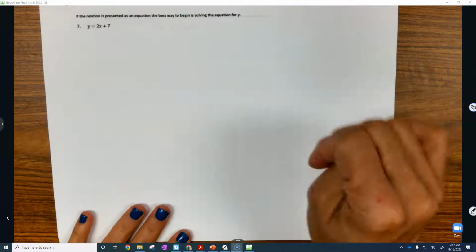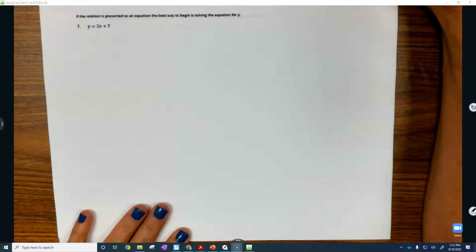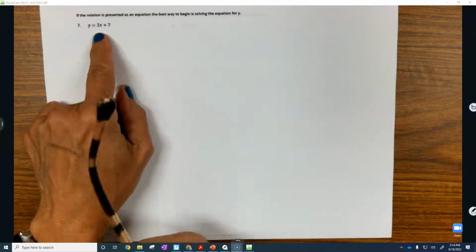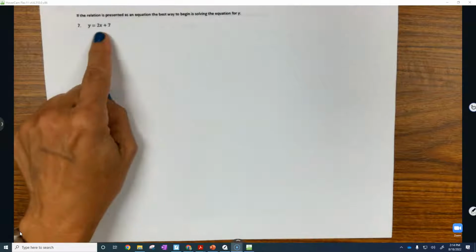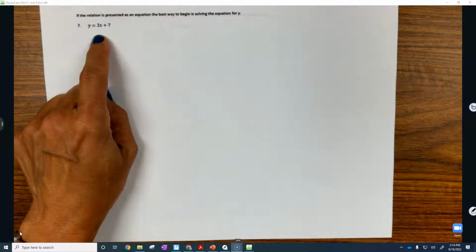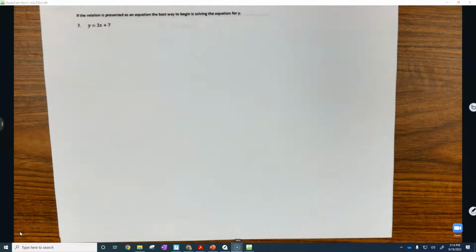Okay, so let's go ahead and pause this. Guys, if I put this into a graphing calculator, what does it make? What is that? A line. Every line in the universe is a function except one. Which line is not a function?